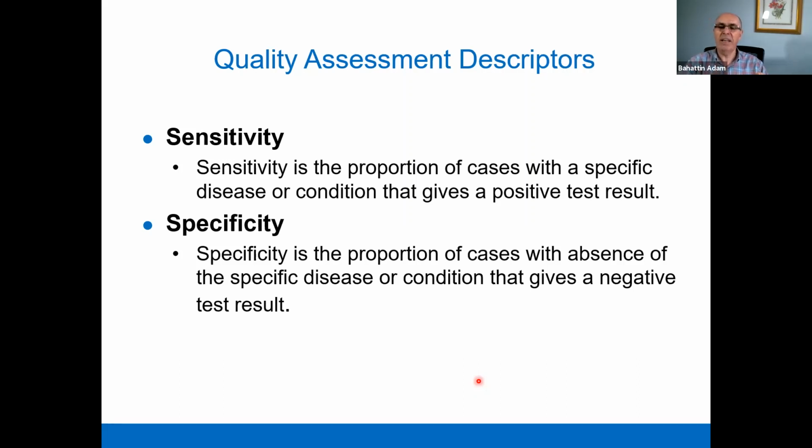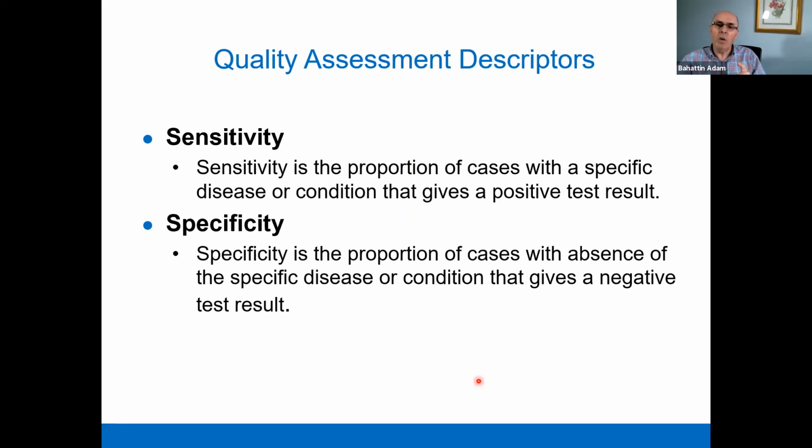Let's say you have 100 COVID patients, and you discover a new COVID test, and you know that these COVID patients are confirmed by DNA test. You are sure that they are COVID positive patients.